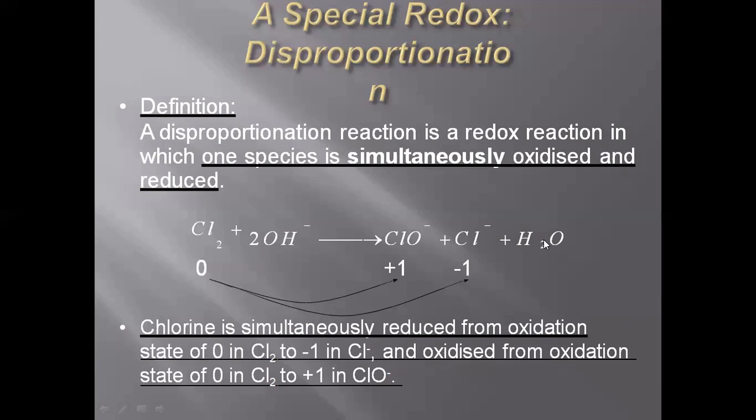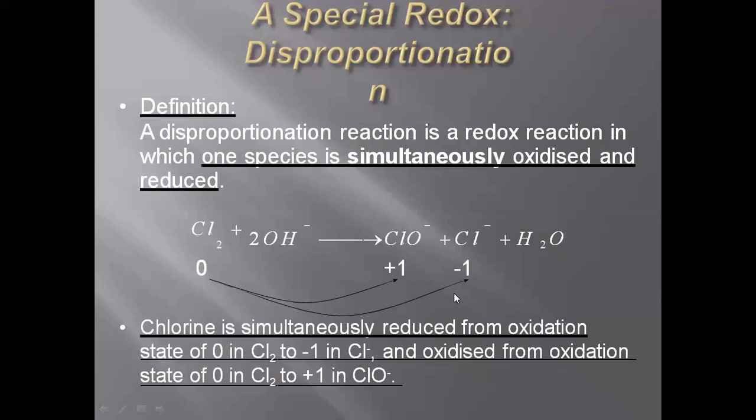As you can see, your chlorine molecule just split into two different oxidation states. The first one is with oxygen, it donated an electron and the oxidation state will be +1. With this chlorine, the oxidation state will be -1. So simultaneously, your chlorine is oxidized as well as reduced.